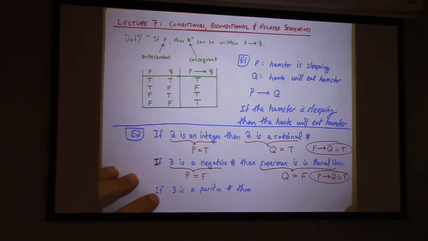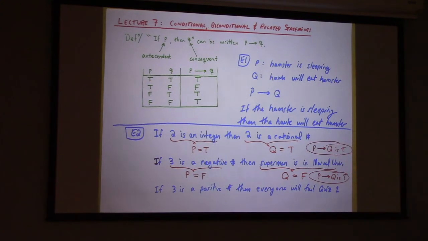Give me a false statement. How about everyone will fail the quiz? Everyone will fail quiz 1. All right, so that is false. Someone in here will pass. Come on. I'm just kidding. Most of you should pass.